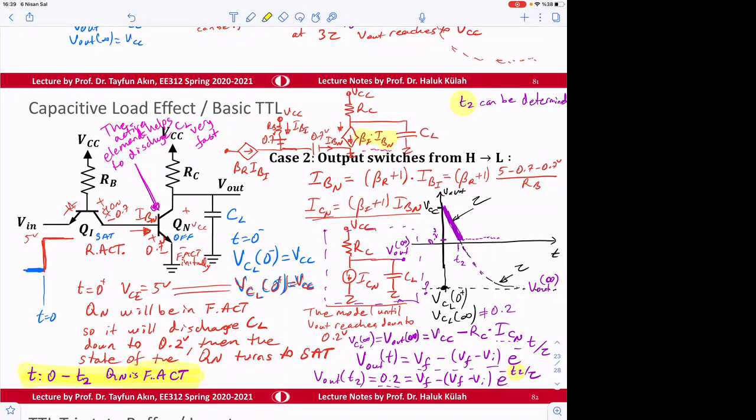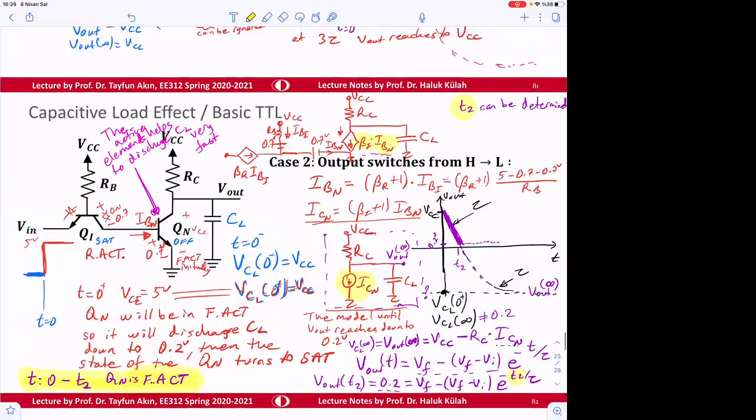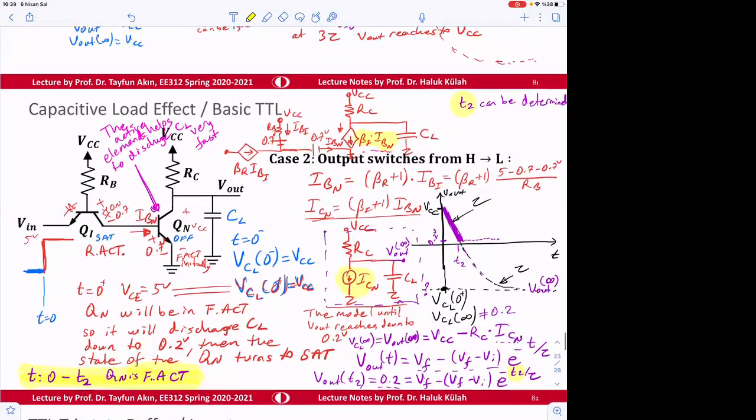Typically we ask timing questions like the charging and discharging times in the exam, so you need to look at last year's exams. I guess you will see how we ask questions here. Is that okay?